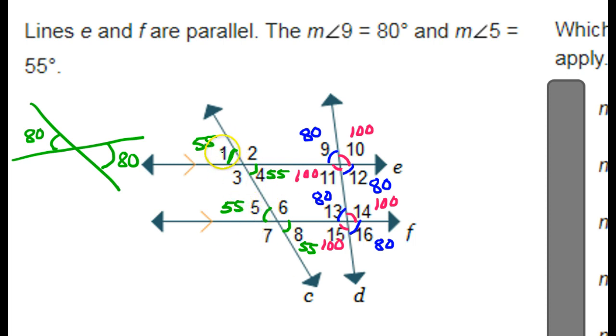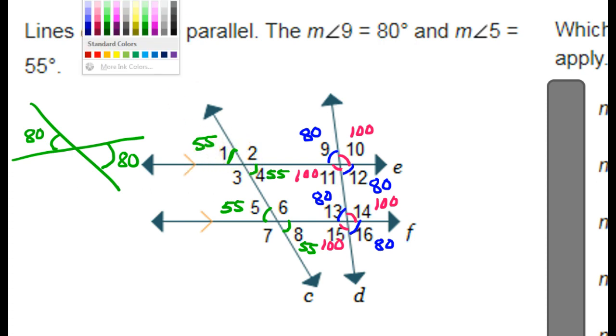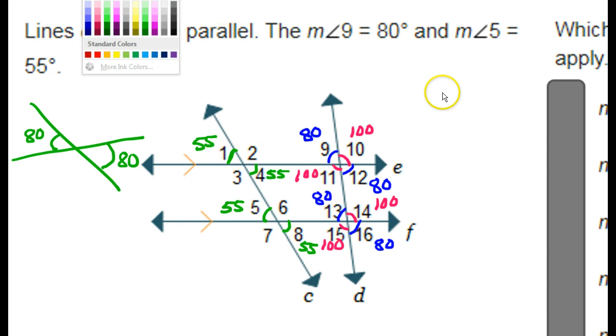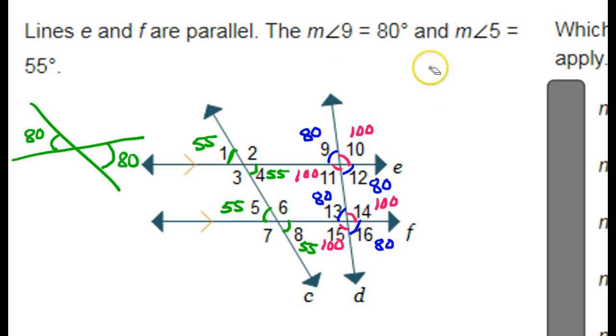Okay, but then we can get the rest of the angles because of supplementary. These two angles right here have to add up to 180. So if I do 180 minus 55, that should give me the other angle. So 180 minus 55. So that's 125.